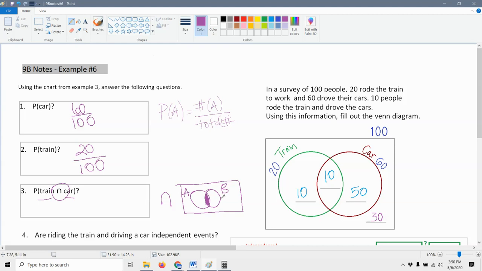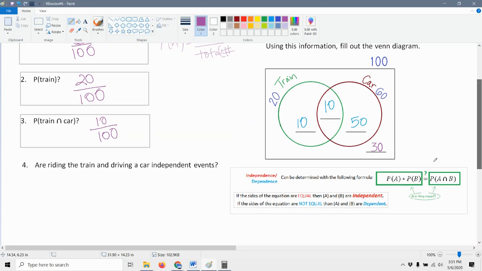They're in A and they're in B. That's where that "and" comes from. Okay? So our "and" people for train and car, we have 10 of them. And we're still over our total number of possible outcomes. Okay? So I'm just going to clean up here 1 second and we'll rewrite that. So 10 over 100 for train and car.